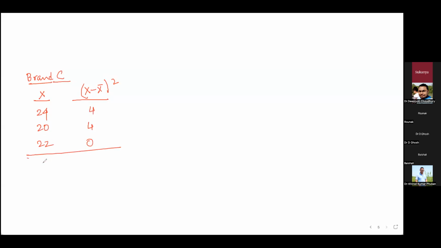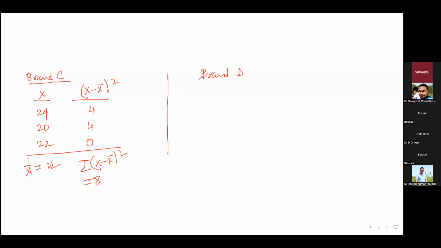Similar to that, we have the observation that we have earlier calculated, and the summation of x minus x bar whole square is equal to 8. 4 plus 4 is equal to 8.